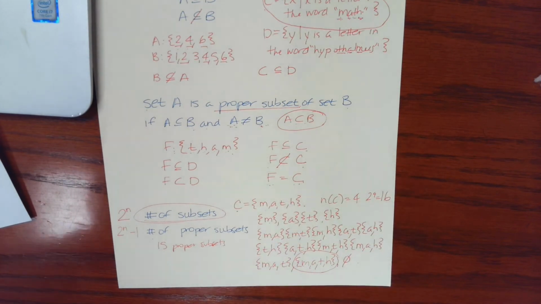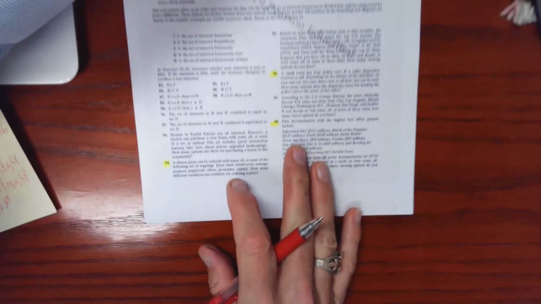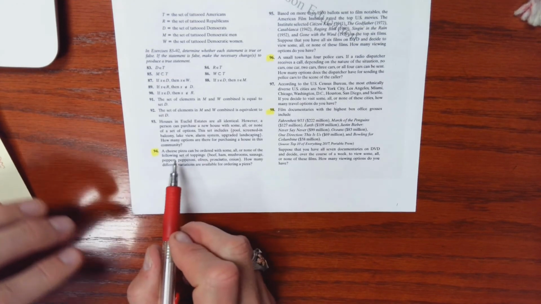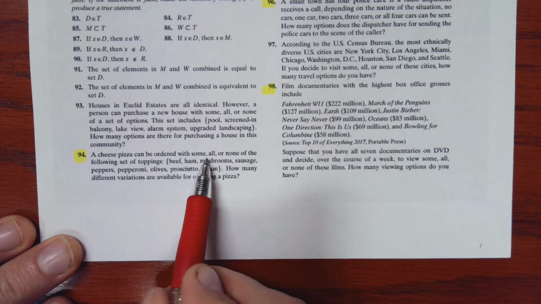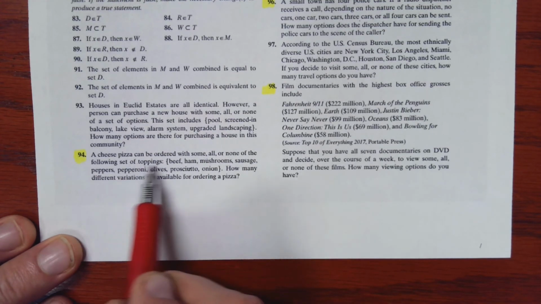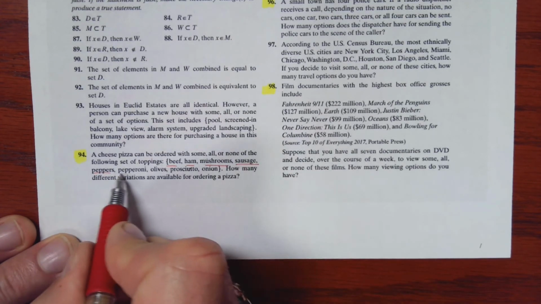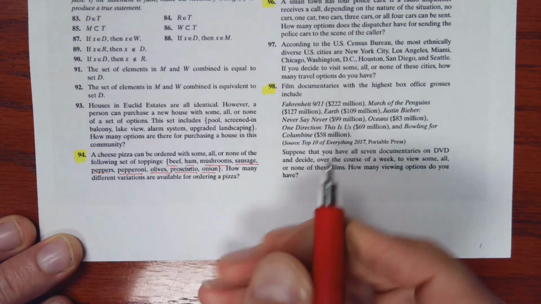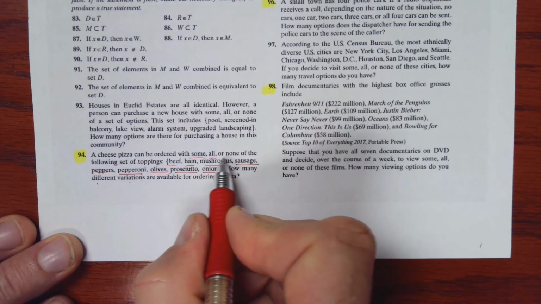All right, let's look at a couple of problems that are in context. I'm taking this from a textbook. A cheese pizza can be ordered with some, all, or none of the following set of toppings. We've got beef, ham, mushrooms. That's 9 options. How many different variations are available for ordering a pizza? Now, you can have some, all, or none.